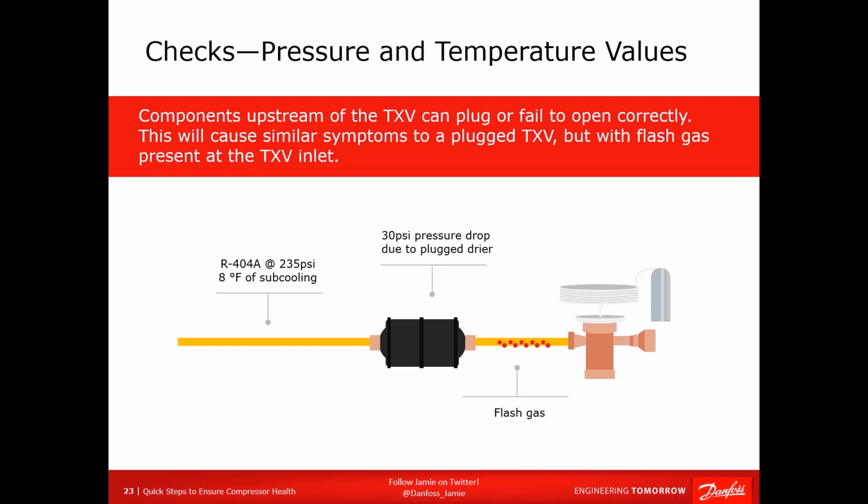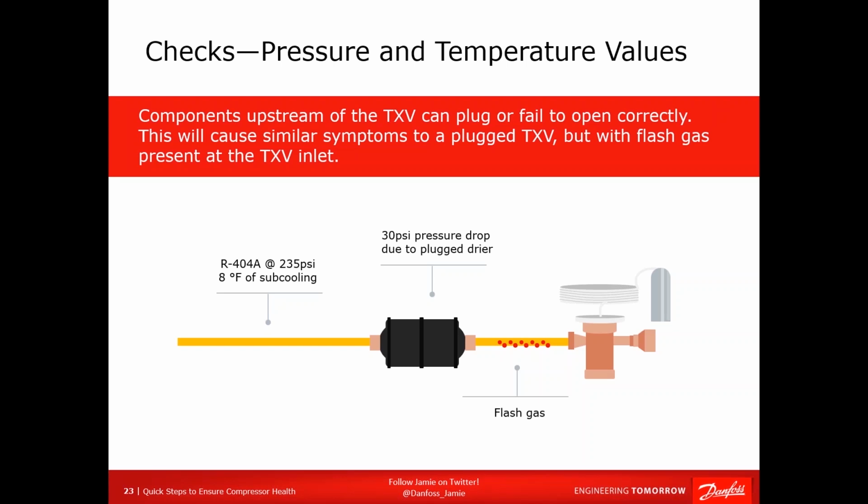But if your pressure drop is greater in degrees than your subcooling, you're going to get flash gas. And I have actually seen filter dryers that were white on the outlet end because they were covered in frost. They were literally acting as a metering device and sending metered refrigerant to the metering device downstream.